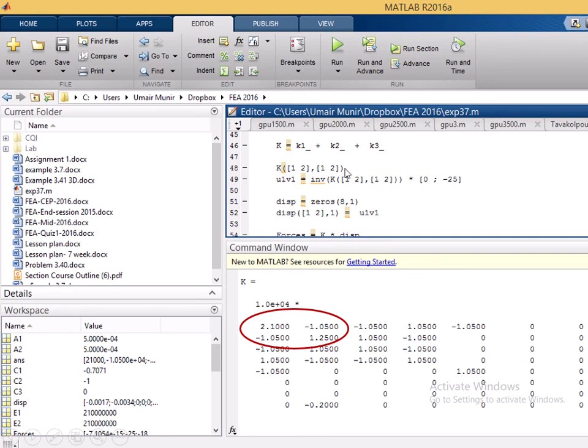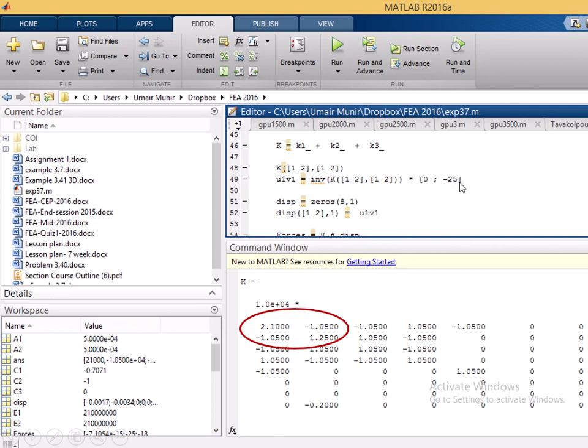We have told the software that we need these elements, and u1 v1 is equal to inverse K, this part, multiplied by 0 semicolon minus 25. What is this?